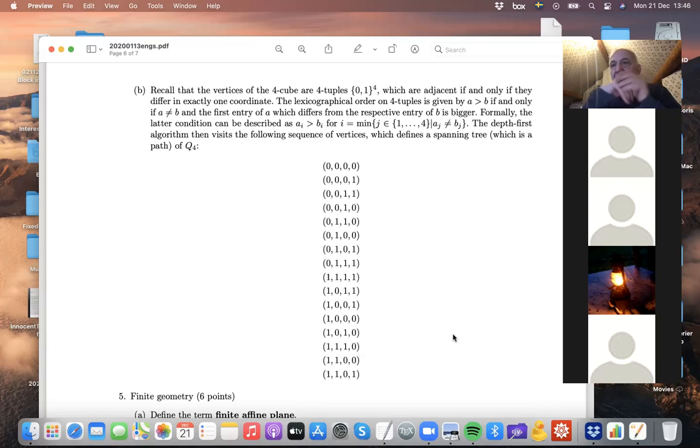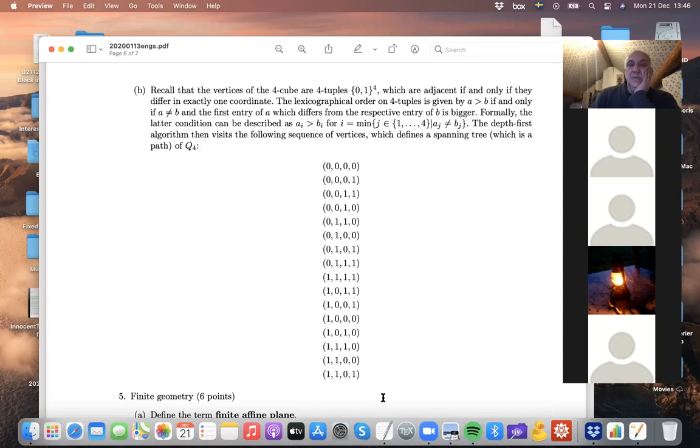If we draw a usual square in the plane, we know that the vertices are 0,0, 1,0, 0,1, and 1,1. If we have a cube in 3-space, we have three directions, and in each direction we can either choose a 0 or 1. In general, if we are in n directions, we can identify the vertices of the standard n-cube with sequences of zeros and ones of length n. And here we're working with 4.